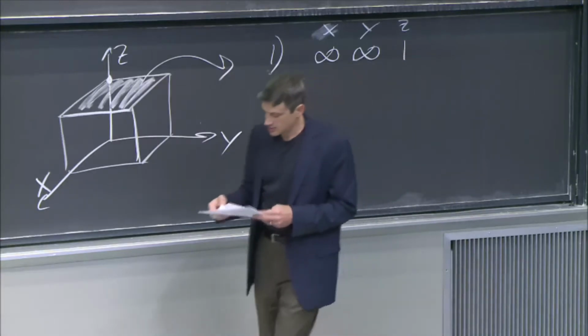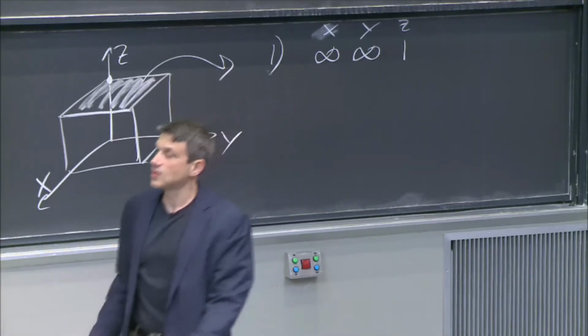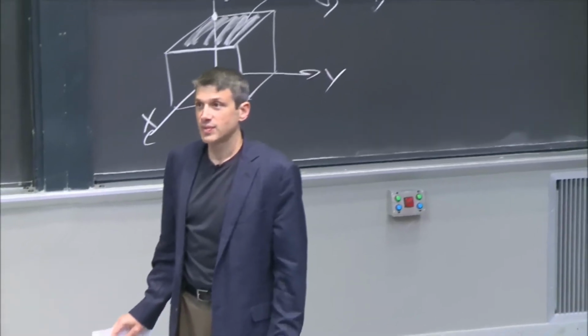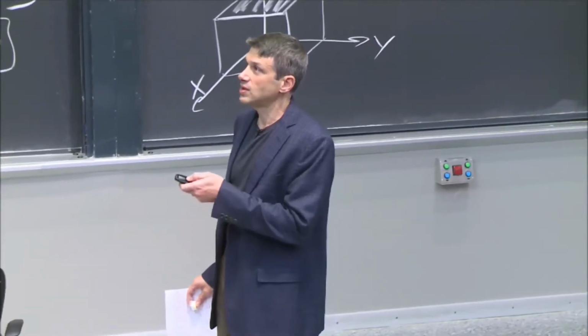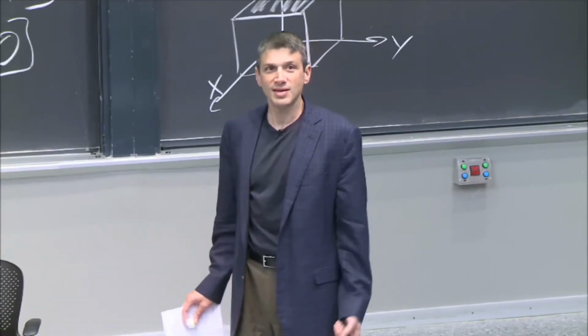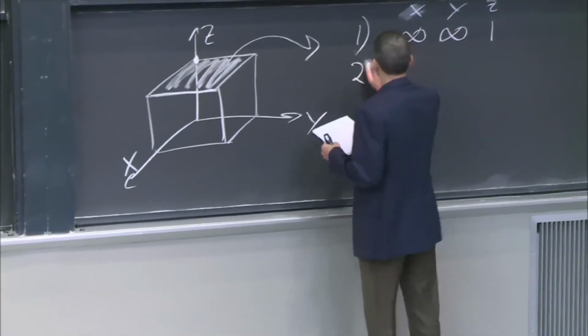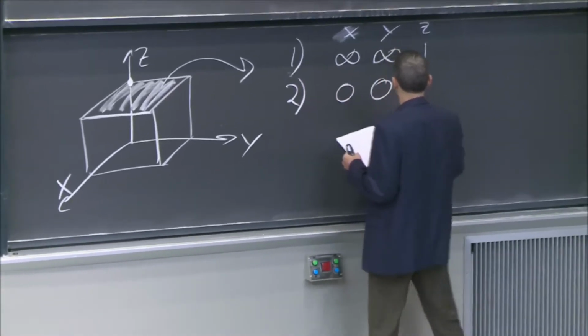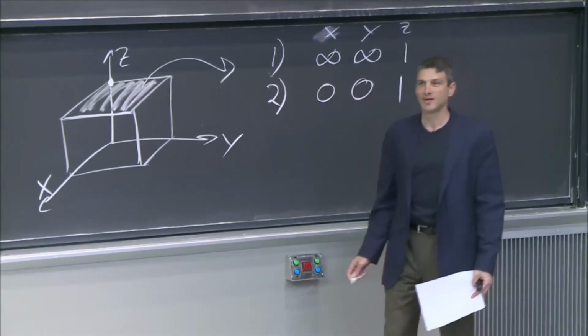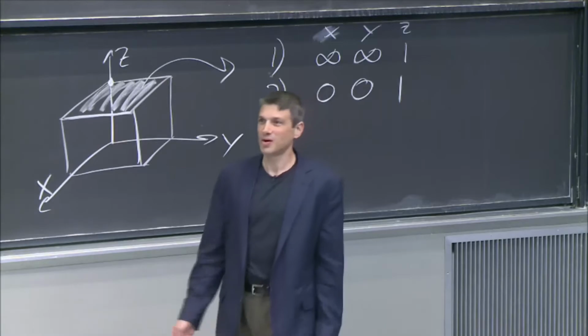Oh, but the thing is, crystallographers don't like infinity either. And so what they do is they just take 1 over. That's a nice way to fix infinity. And so step 2, this would become 0, 0, and 1 over 1 is 1. Right? 1 over infinity is 0.